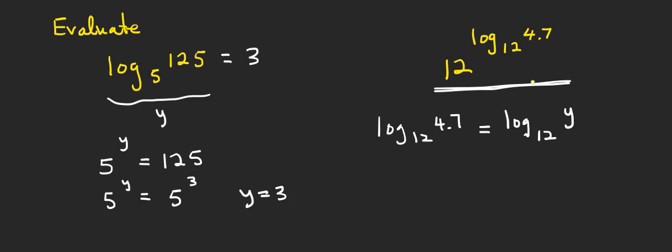Okay, so this whole thing we're going to call y. So when you change that to logarithmic form, this is what you get. So now, in order for this to equal each other, look, this is log base 12, log base 12, and only if y is equal to 4.7, these two are equal to each other. So 4.7 is equal to y, therefore this whole thing is equal to 4.7, because we said that this whole thing is y.